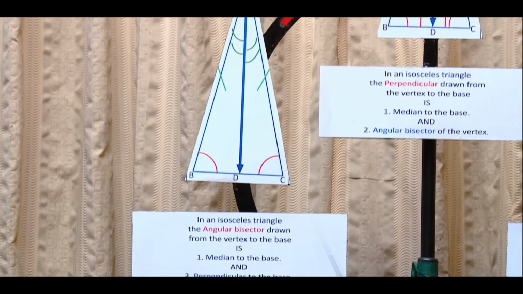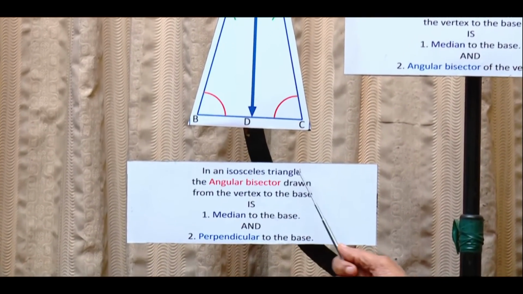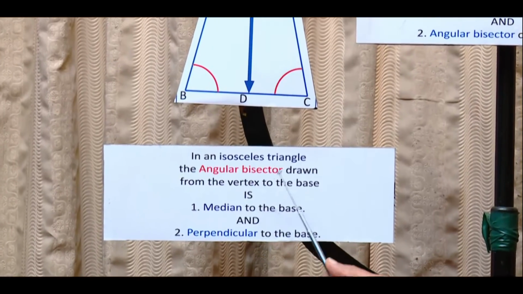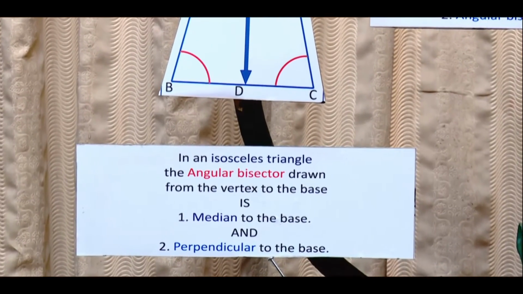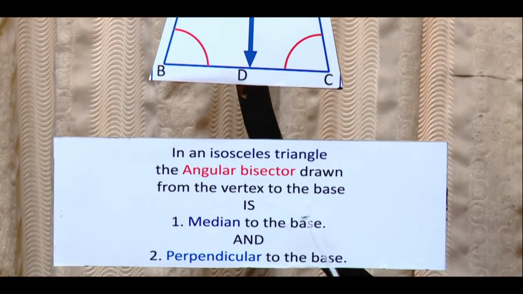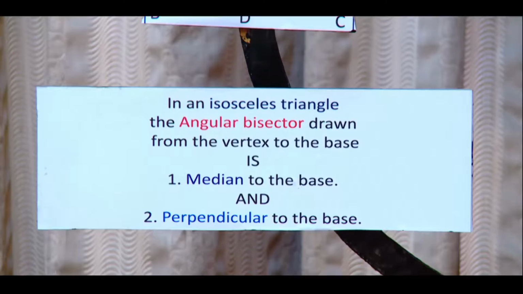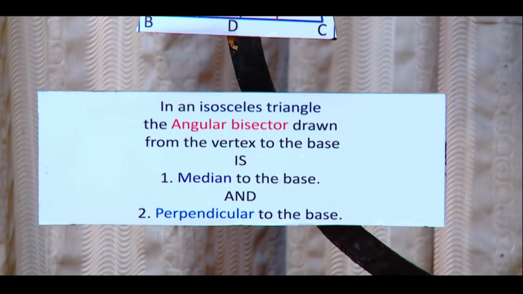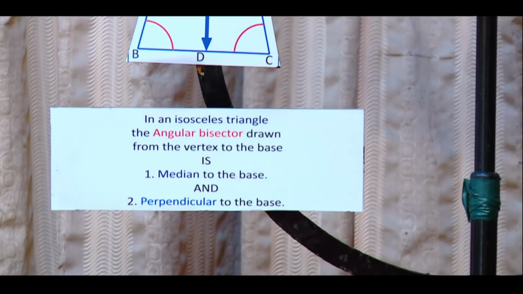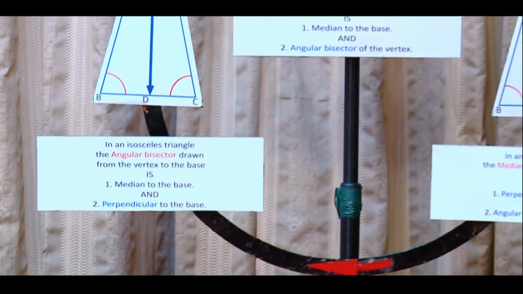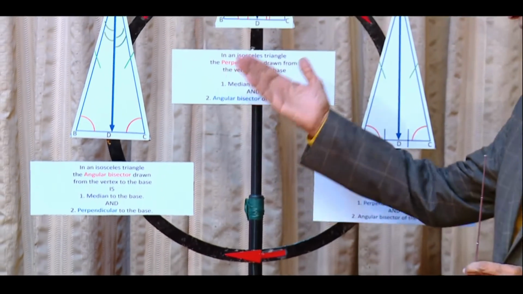So, in an isosceles triangle, the angular bisector drawn from the vertex to the base is, first, the median to the base and, second, perpendicular to the base. Finally, friends, the isosceles triangle property can be so beautifully demonstrated like this.